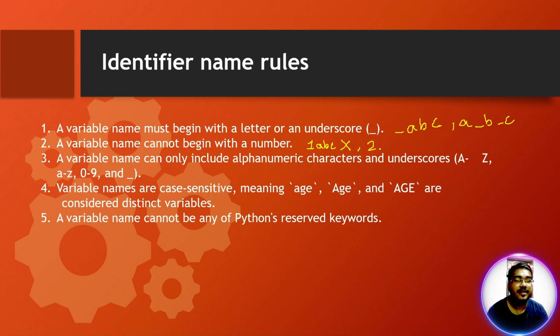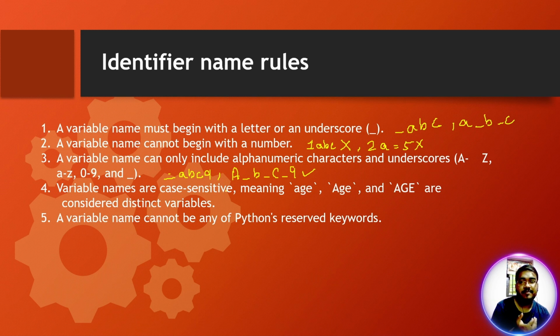Suppose you write 2A equal to 5, no, this is not valid. You can only include alphanumeric characters and underscore. You can write underscore ABC9, this is correct, or A underscore B underscore C underscore 9, this is also correct.